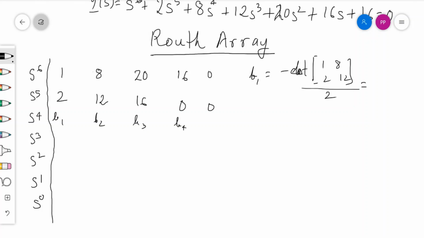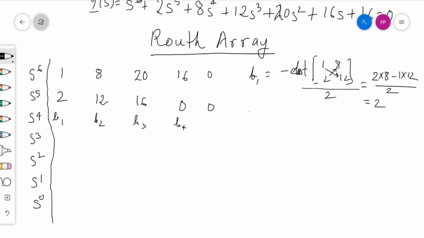So 2 into 8 minus 1 into 12 divided by 2. So this should definitely come as 2.